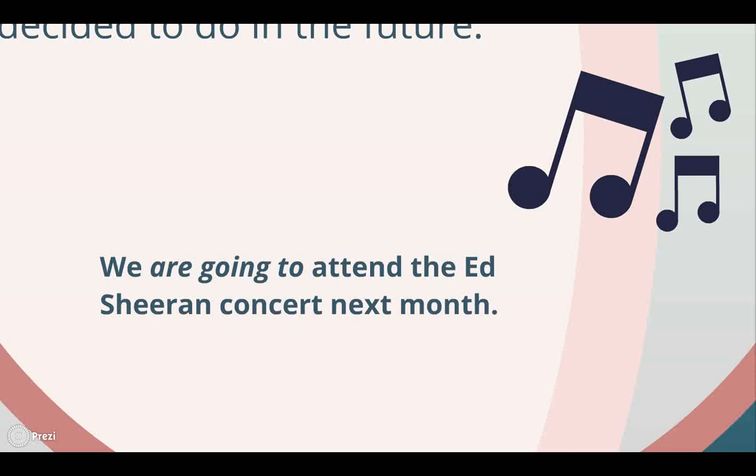So here you can see, we are going to attend the Ed Sheeran concert next month. It's a plan. I've already made it, and so I will use be going to talk about the future.